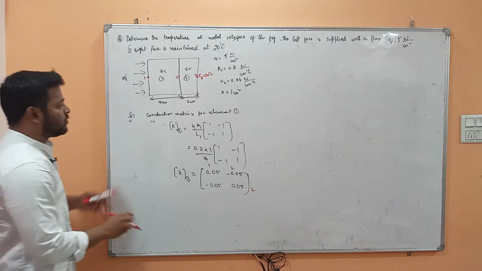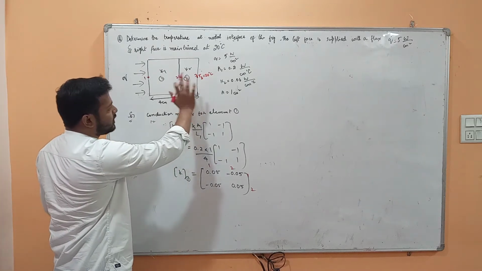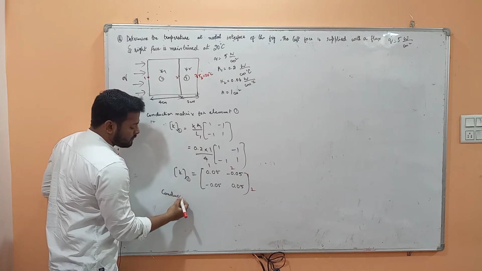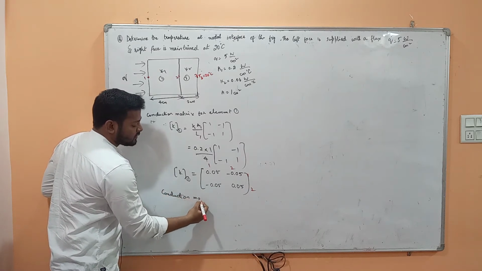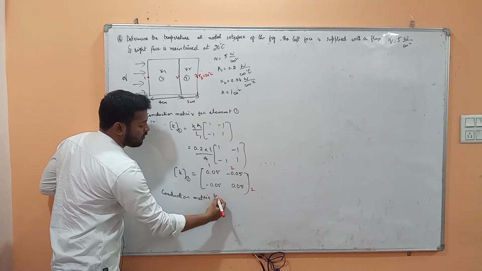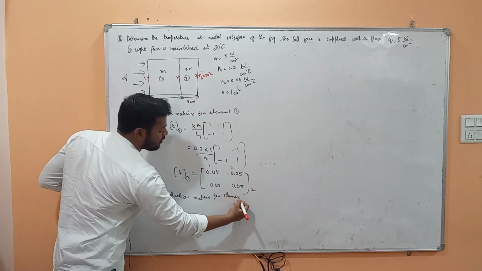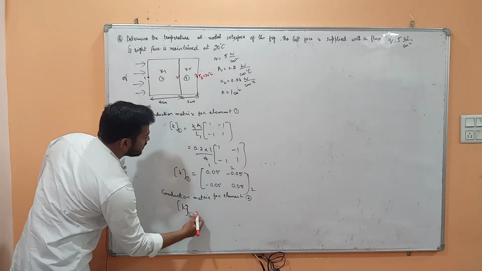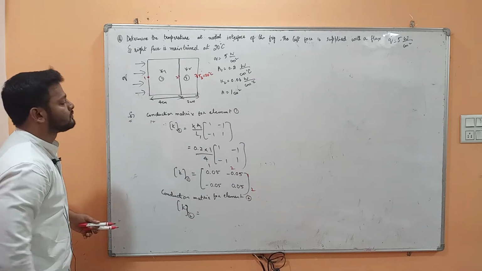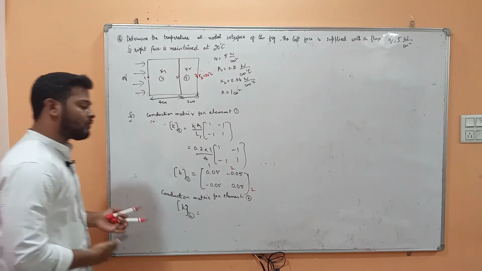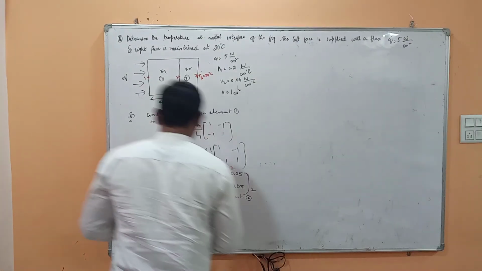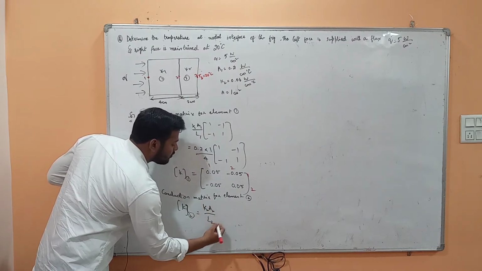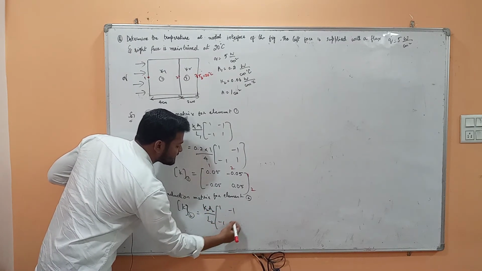Similarly, element 2 also has only conduction, there is no convection. So the conduction matrix for element 2, that is K2, is equal to K2 A2 by L2 times the matrix [1 -1; -1 1].